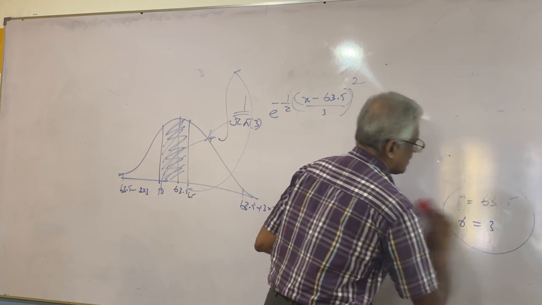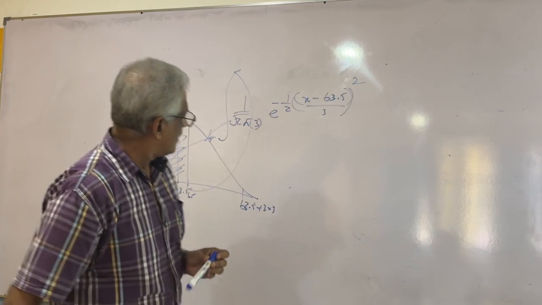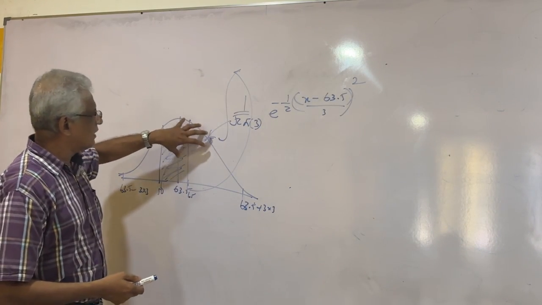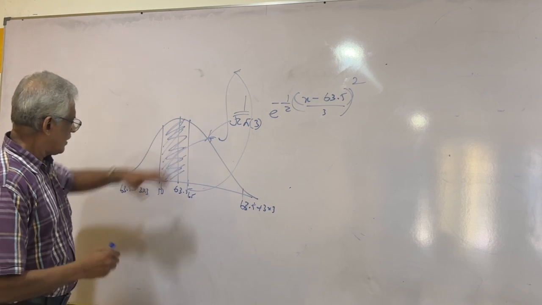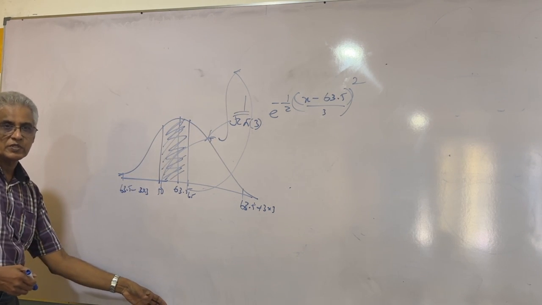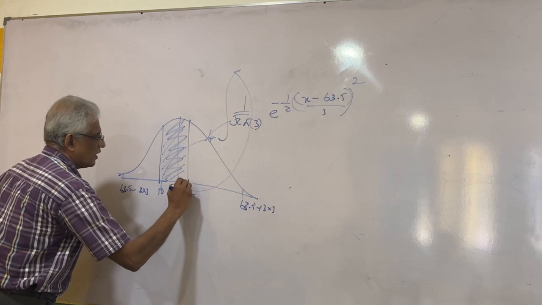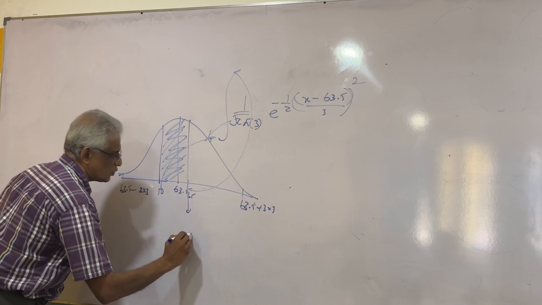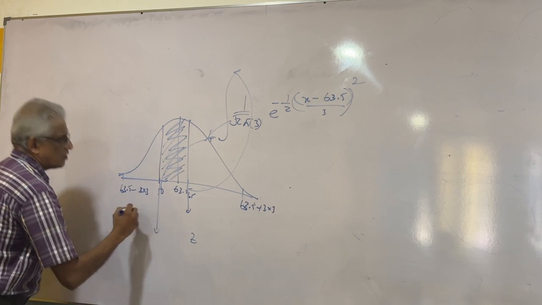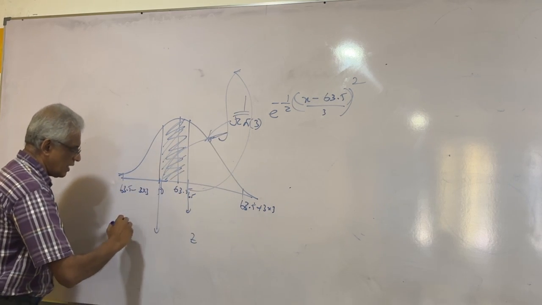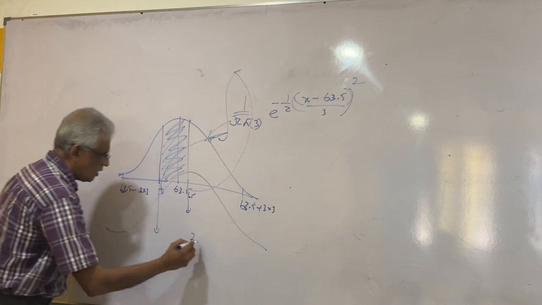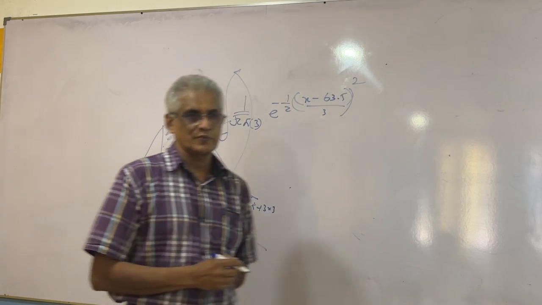Instead of looking at this particular normal distribution, we convert it into the standard normal distribution. We convert this value 65 into a Z value, this into a Z value, and look at the area under the standard normal distribution between those two Z values.